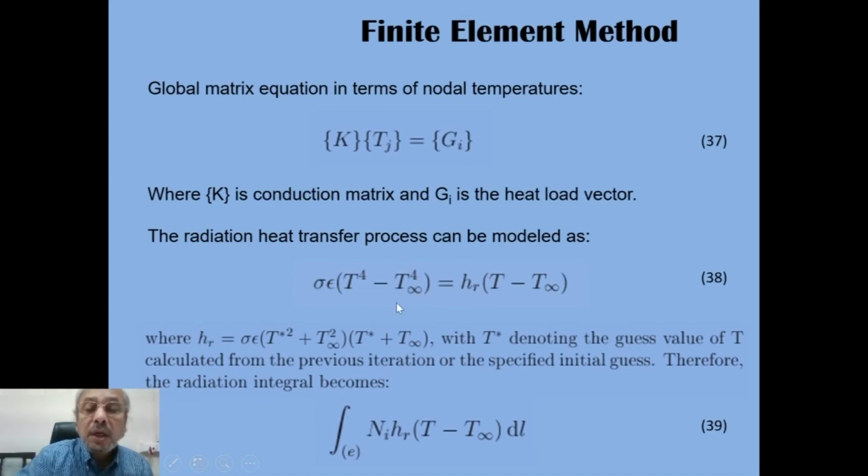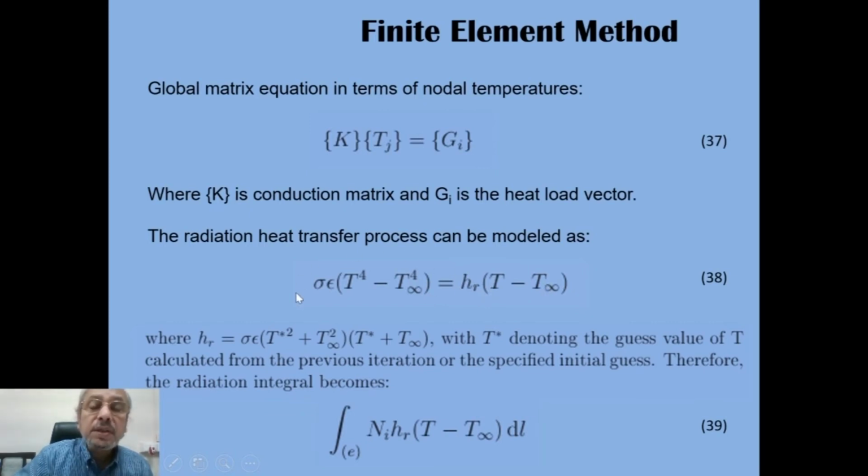So this total radiative transport, if we write down the way we write convective transport, that means some transport coefficient into the temperature difference, then it is possible to write it this way, HR, that is the radiative heat transfer coefficient, into T minus T infinity. As such, there is no radiative heat transfer coefficient.